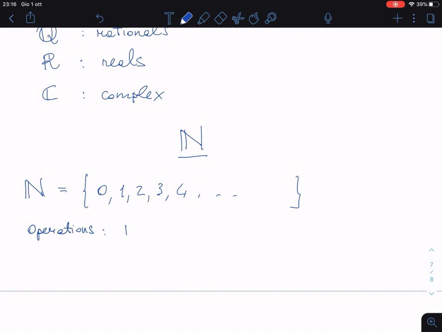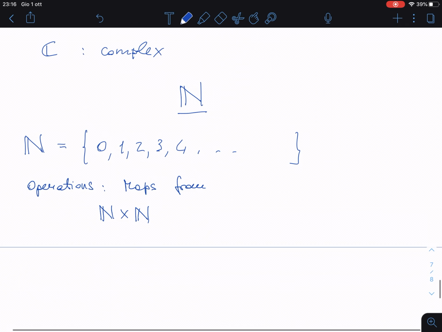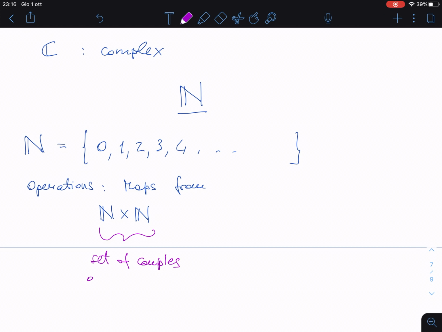Operations are maps from a set which is N by N, which means the set of couples of elements of N, so couples of naturals. So maps from the couples of naturals to N.